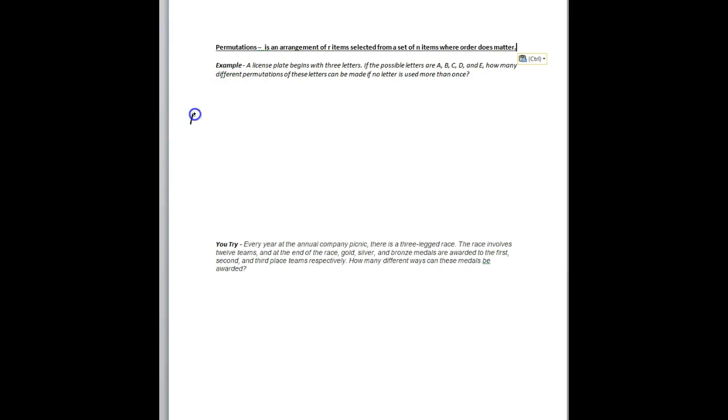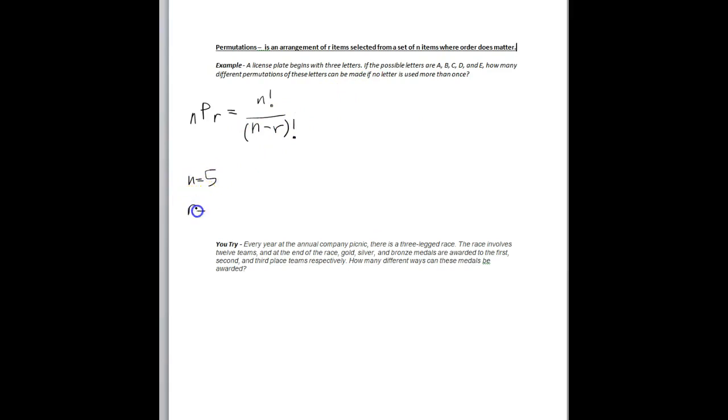So our formula is the amount that we're choosing from N, permutation, the amount that we're choosing, nPr. And that is just going to be n factorial over n minus r factorial. Okay, so in this case, how many are we choosing from? What is our n? We're choosing from 5 letters.